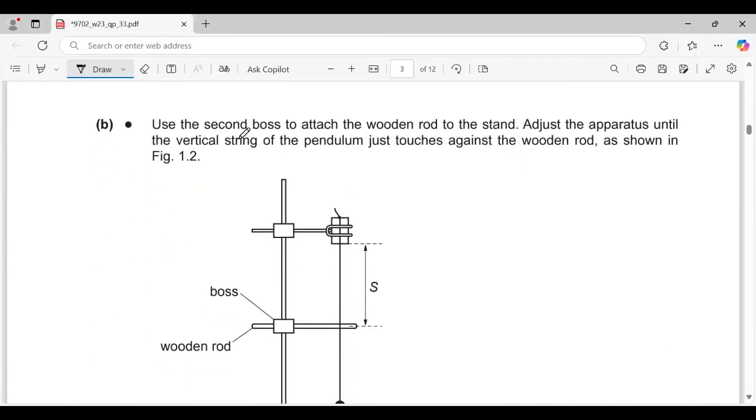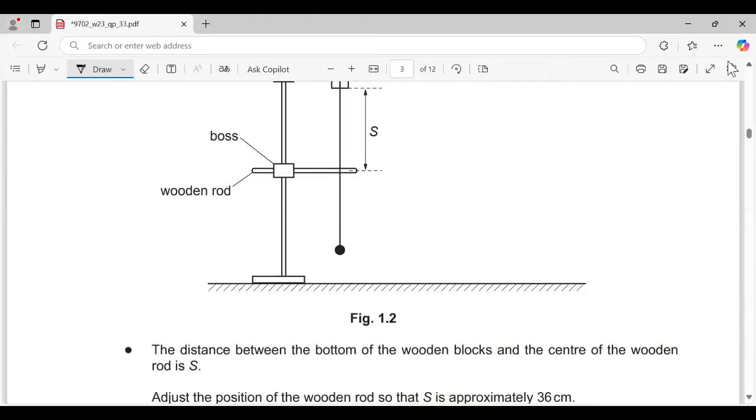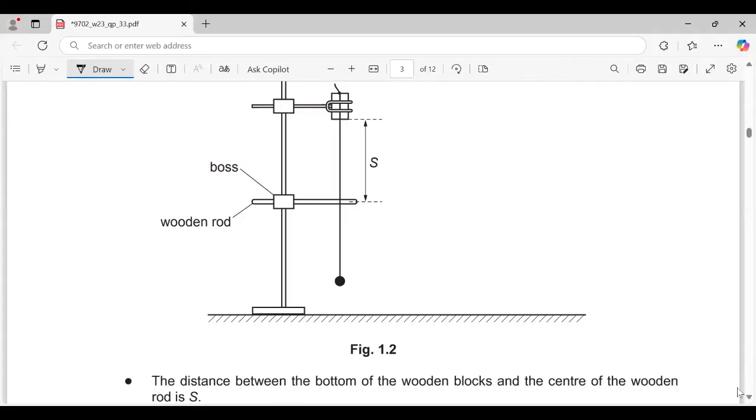Use the second boss to attach the wooden rod to the stand. Adjust the apparatus until the vertical string of the pendulum just touches against the wooden rod, as shown in figure 1.2. That's the apparatus.